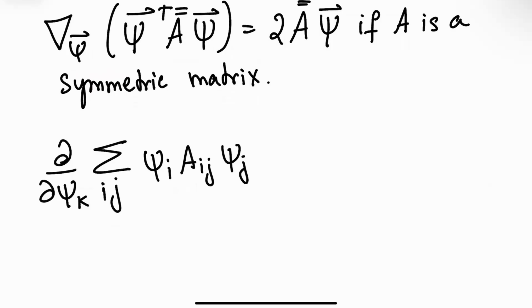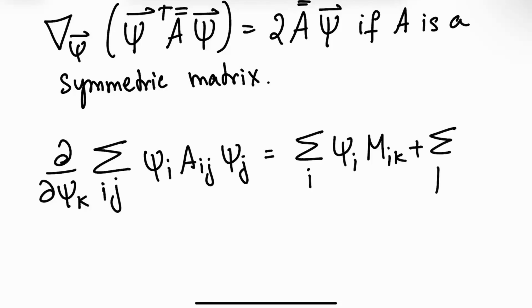So if you carry out this gradient, of course, you can do it explicitly. You basically take this in, and every time k coincides with i, you get one gradient with respect to i. When k coincides with j, you get one gradient with respect to j. And that turns out to be summation over i, psi i, A ik, plus summation over j, A kj, psi j.